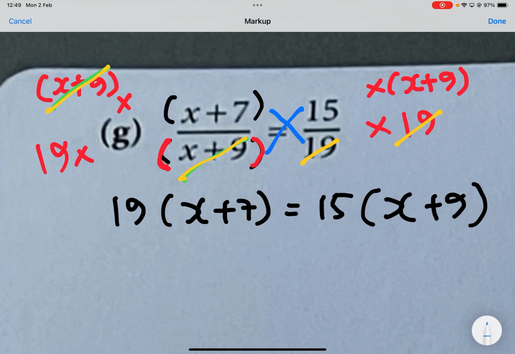Numerator multiply denominator. But I don't like you all to just memorize this thing because you will make mistakes. So know that you are multiplying to cancel away the denominator.